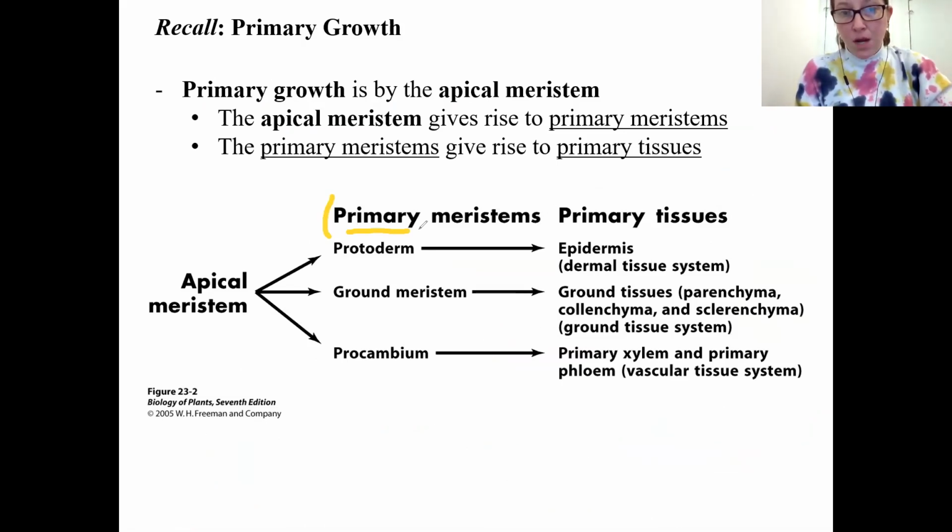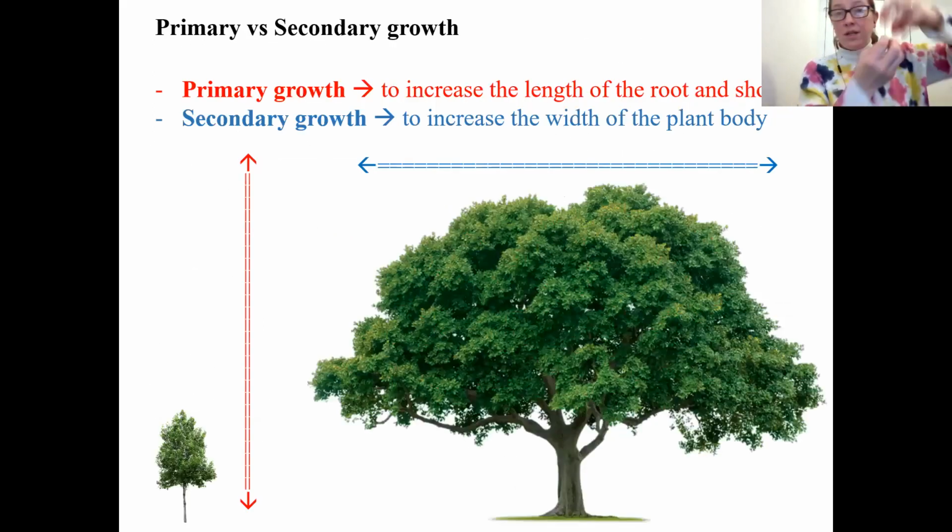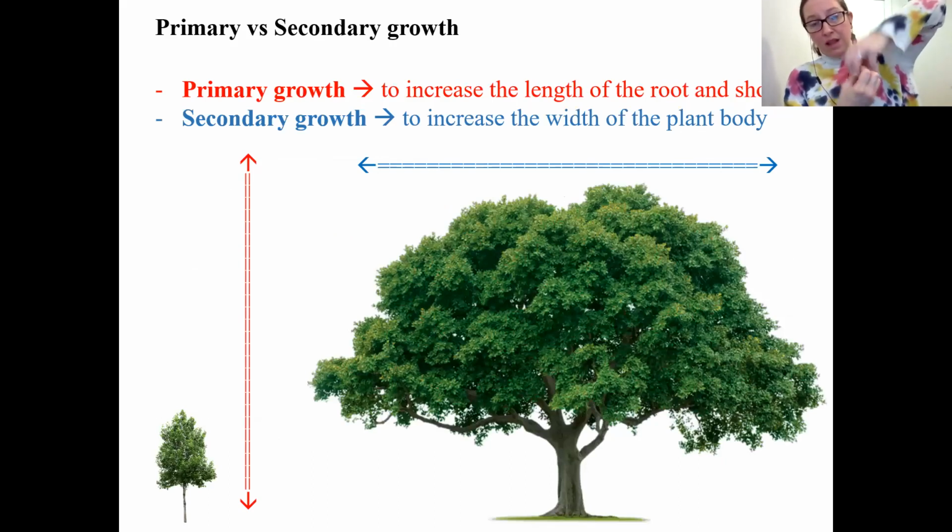Look, primary growth, primary meristems, primary tissue. So that's one type of growth, and that occurs to lengthen the plant.